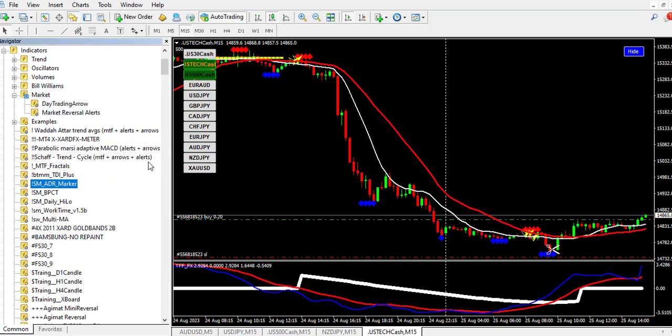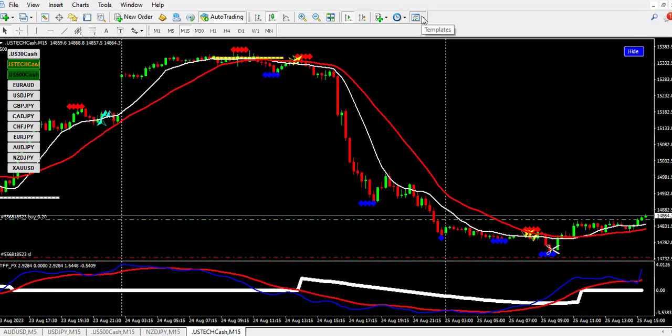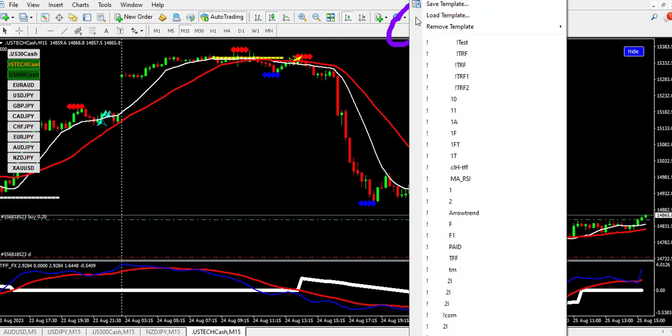You do not need to load the indicators one by one, just use my template, and the template is going to appear here. Just look at your screen closely, or let me circle it. Where I circle, just click on it, then you are going to see the template.